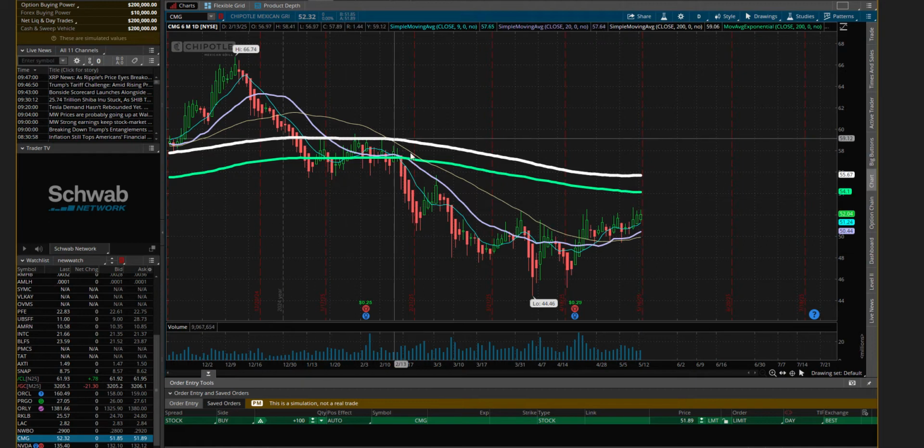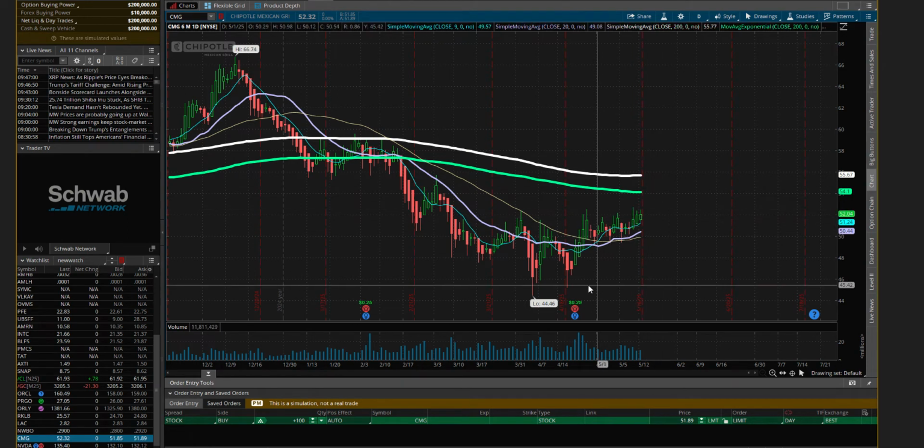First off, we have our moving averages. We have our 200 simple, our 200 exponential, I just recently added this 40 simple moving average here, and we have our 20 simple and our 9. As we see on this Chipotle chart, it's been respecting the 9 on the way down, and as it starts to go back up, it's starting to respect the 9 going up.